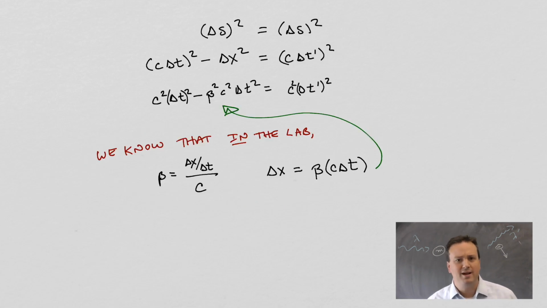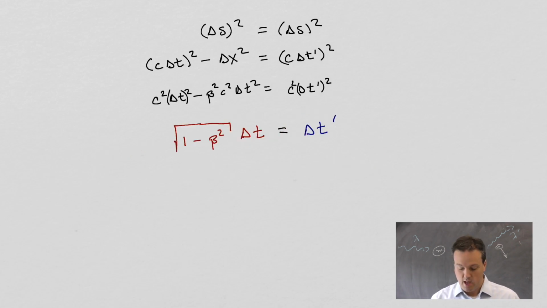So all I have to do is plug that into the left-hand side, and now if I look at this expression, everything on the left-hand side has delta t's in it, and everything on the right-hand side just has delta t primes. And so what I really have is an expression that compares delta t as measured in the lab frame with delta t prime as measured in the physicist frame.